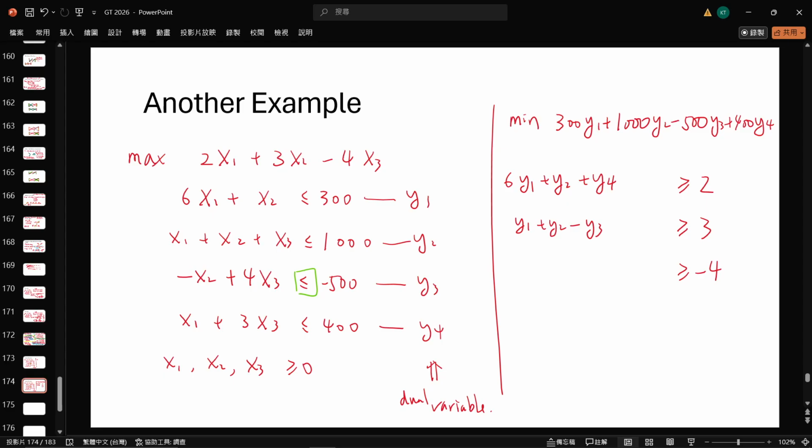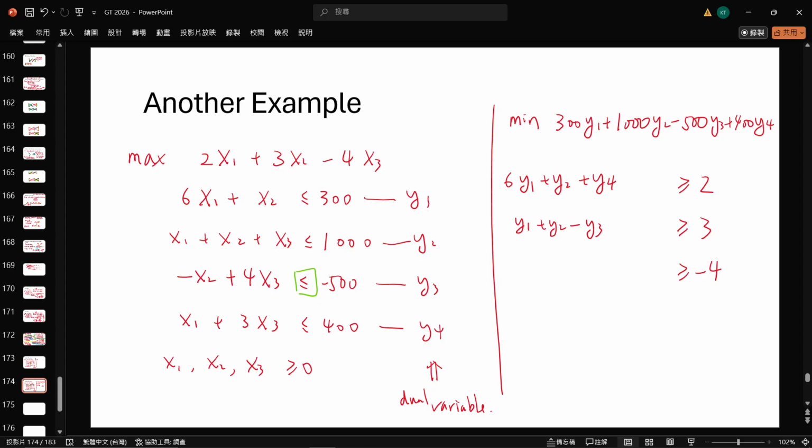Okay, so last, the coefficient of x3. The first one does not involve x3, so let's consider the second constraint. From the second constraint, the coefficient of x3 is 1.